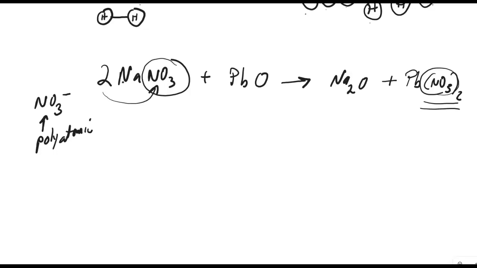So that kind of falls out and is already correct. I have 2 nitrates. And on this side, I have 1 lead and 1 lead over there, and 1 oxide and 1 oxide. So merely by putting a coefficient on that side, everything was able to be balanced. So it's kind of like a little bit of a game.